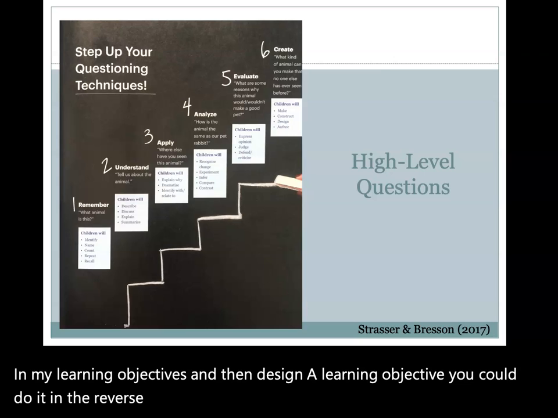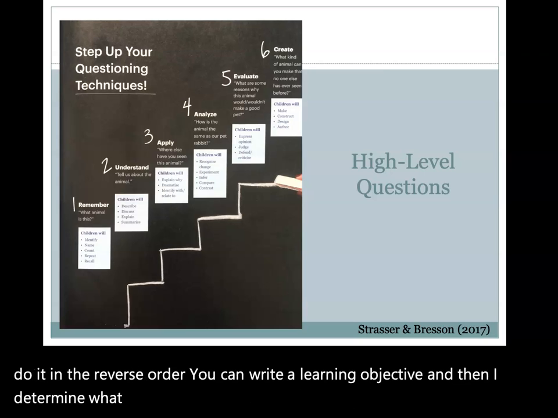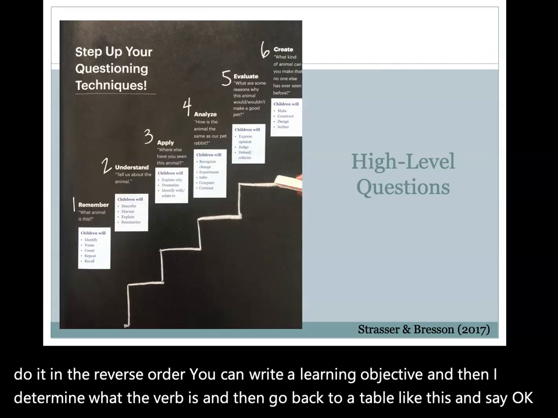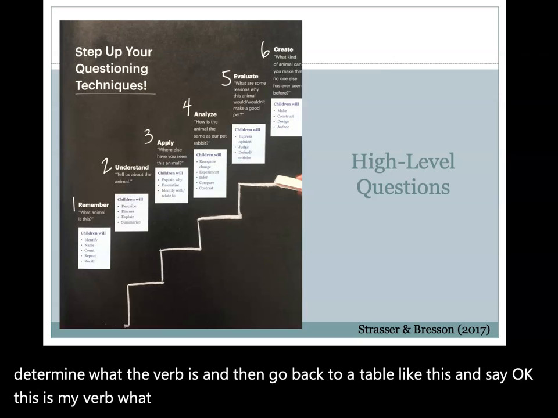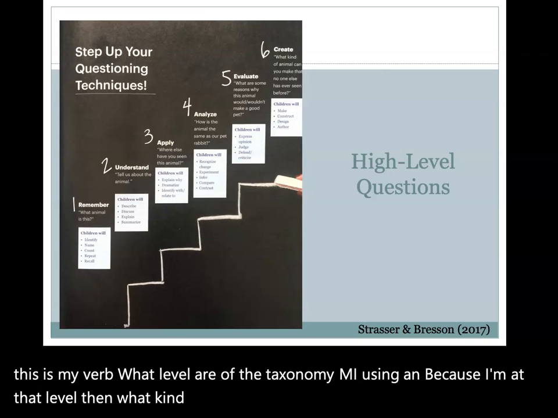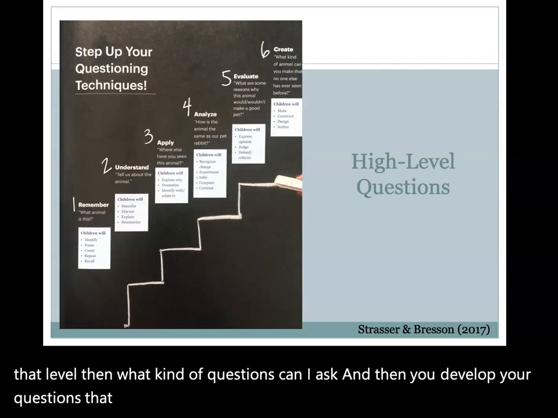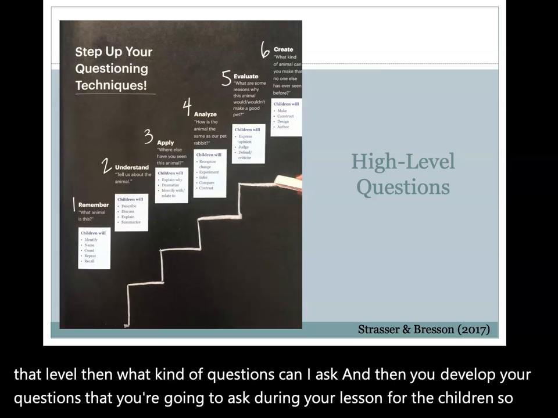You can write a learning objective and then determine what the verb is, and then go back to a table like this and say, okay, if this is my verb, what level of the taxonomy am I using? And because I'm at that level, what kind of questions can I ask? And then you develop your questions that you're going to ask during your lesson for the children so that everything matches, everything is at the same level.